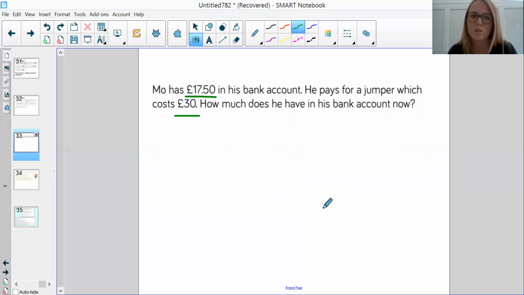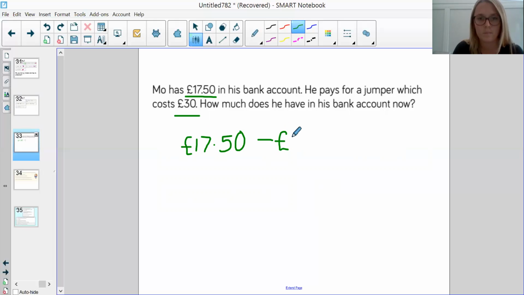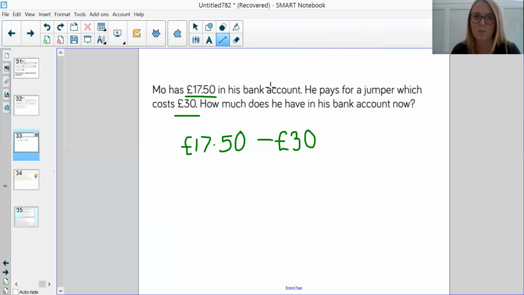So what I want to identify first is what calculation I need to do. I've got £17.50 initially. He pays for a jumper which costs £30. So I'm going to be subtracting £30 from £17.50. What I would suggest using is maybe a number line, unless you can work it out in your head.